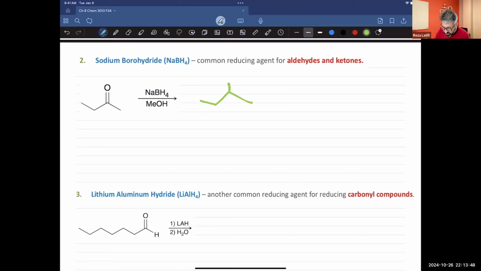We will get, first step, BH4. It will give technically H to the carbonyl group. So H minus will attack the carbon, and we will have H here. That's going to give oxygen with 3 lone pairs. It has a negative charge. Very soon, oxygen is going to look for acidic H, and it can find it inside methanol.